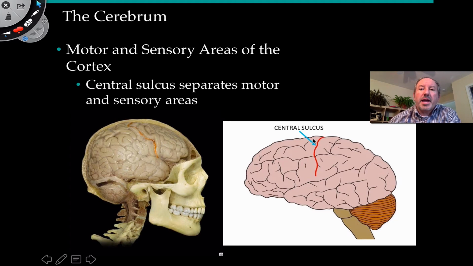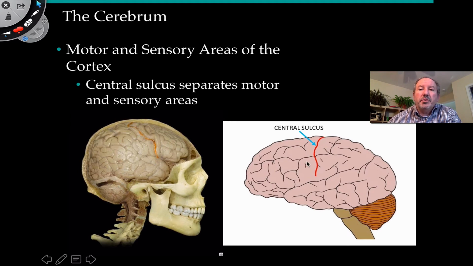But what I wanted to point out is that just in front, in this area right in here, there's a motor area of the cortex involved in conscious motor or muscle movement. And then posterior to the central sulcus, there's an area where the cerebrum makes sense of, or in other words, figures out sensory information.